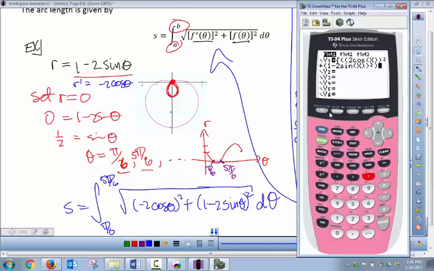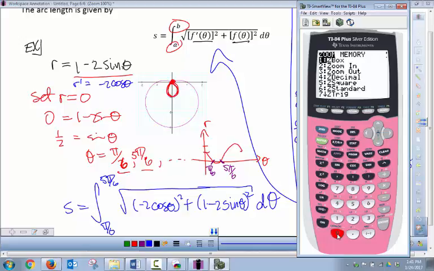So I'm just going to graph this. I'm going to adjust my, maybe I'll have it zoom fit first. Where's the fit? And then you may need to adjust the window. Yeah, totally. I don't even know what the limits are here.